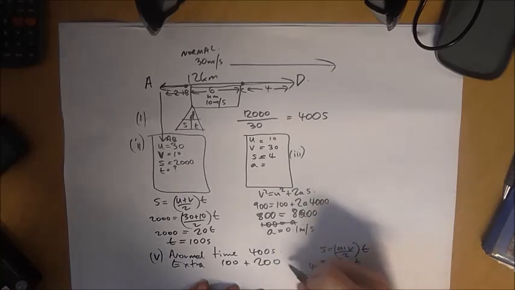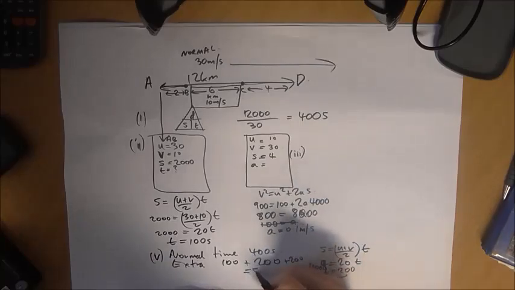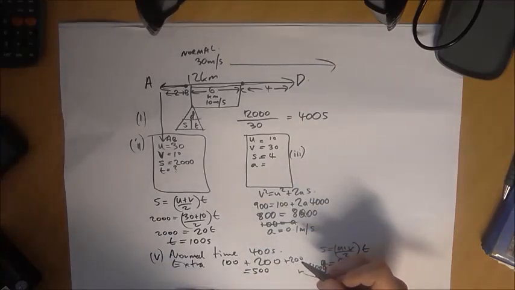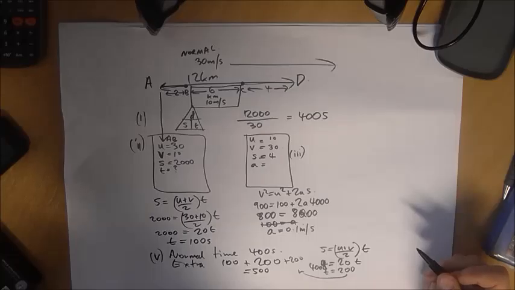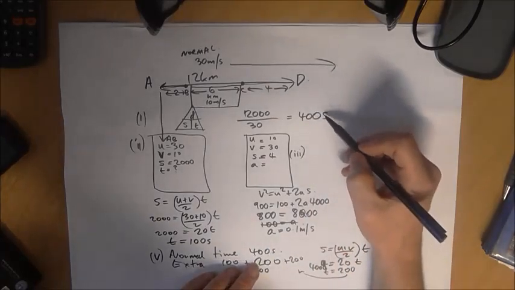So that then goes in there. So it's 500 for the extra, 400 for the normal. Wait on. Normal time is definitely 400, because we worked that out up here.